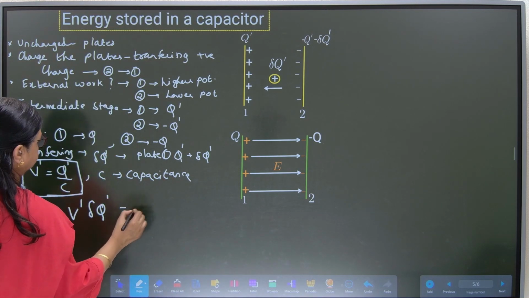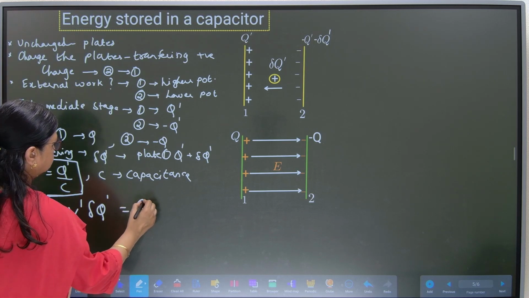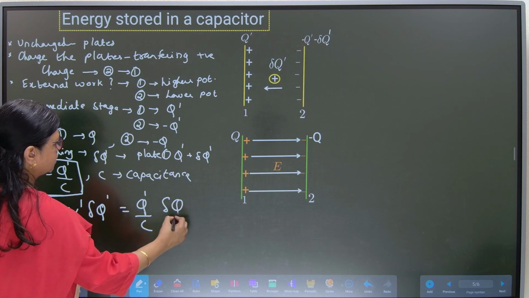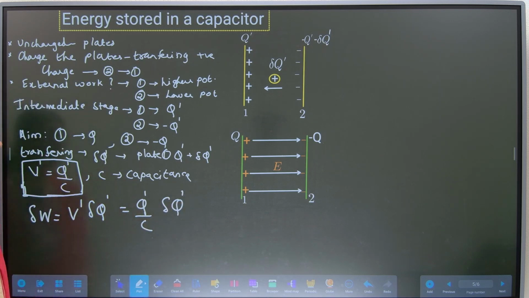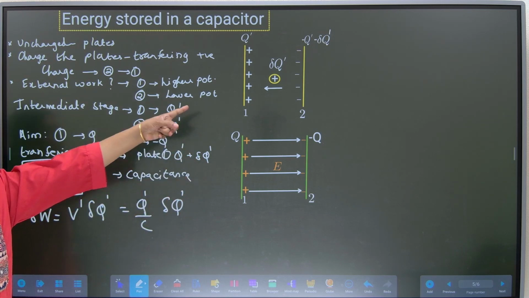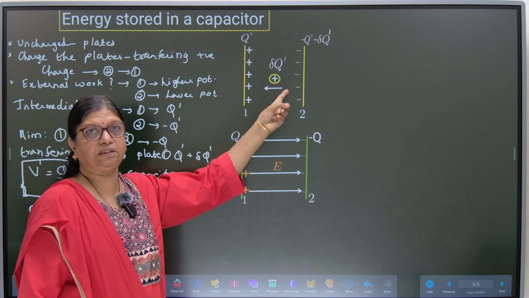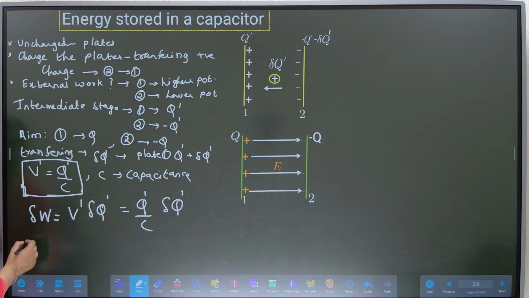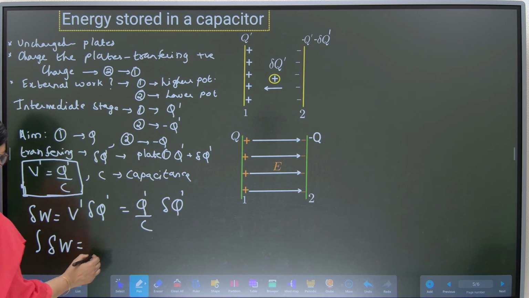So let me substitute V dash as Q dash upon C, times delta Q dash. Fine. Now this is a small work done to shift delta Q dash from the plate 2 to the plate 1 in this intermediate state. To get the total work done, we have to integrate on both the sides from 0 to Q.